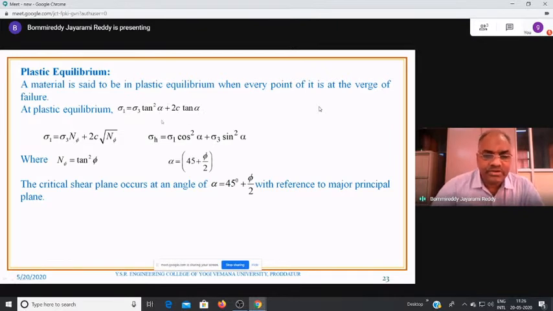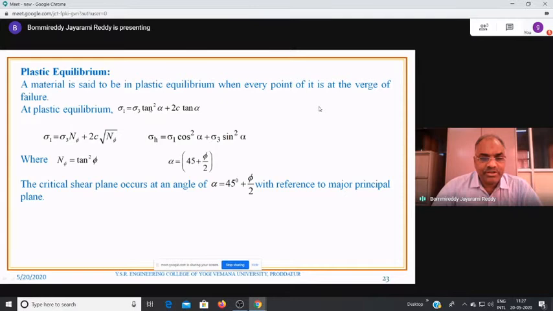So this equation can be established at the time of plastic equilibrium of the soil. It is related with the failure angle. Alpha means the angle of the failure plane and c is cohesion. Sigma 1 and sigma 3 are the major and minor principal stresses.